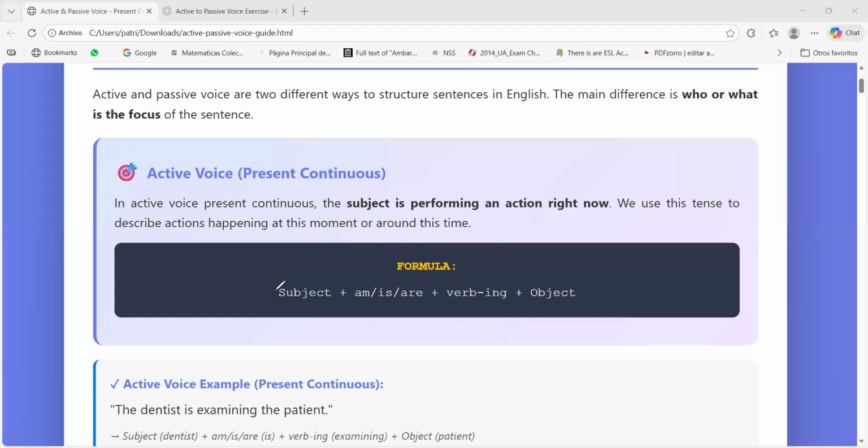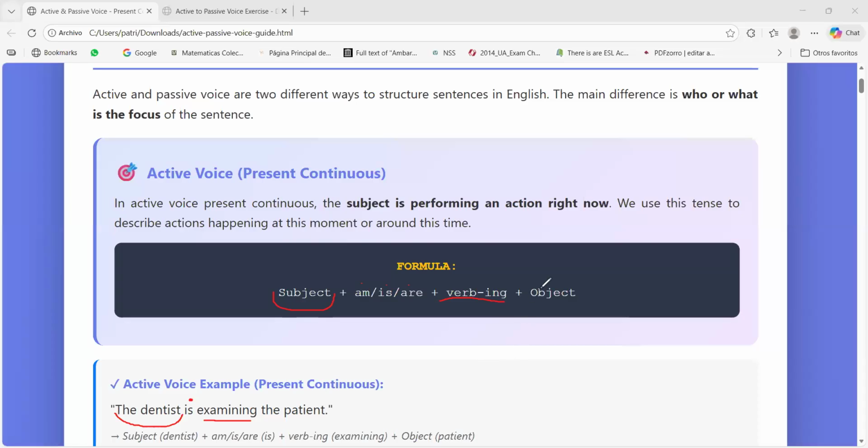There's the subject, the dentist. Verb to be: am, is, or are. The dentist is. It's singular. Action, ing, examining.